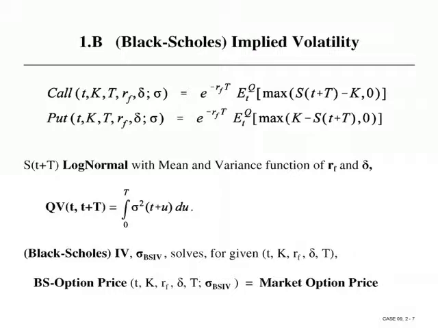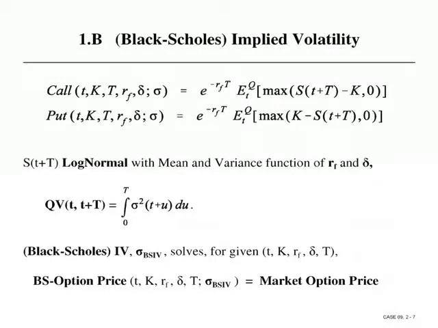Okay, so the Black-Scholes formula makes some simplifying assumptions. As I mentioned before, the mean and the variance are deterministic. You can think of them as constant. And that implies that the underlying stock price or asset price would be lognormal, with mean and variance that are functions of the risk-free rate. More generally, if you allow for dividends, there is a dividend payout ratio that you don't get if you have to wait to buy the underlying later on.